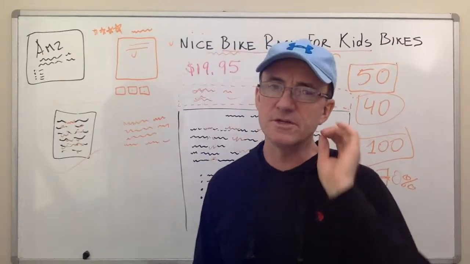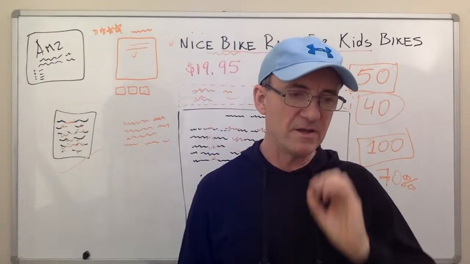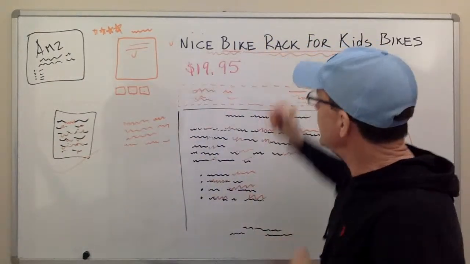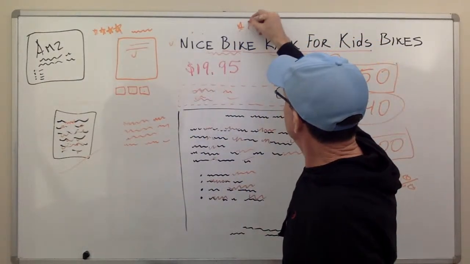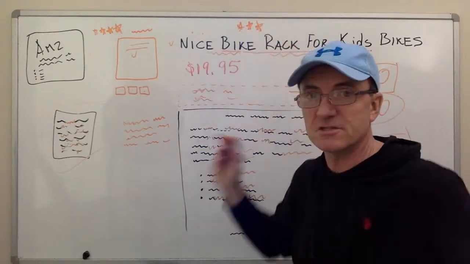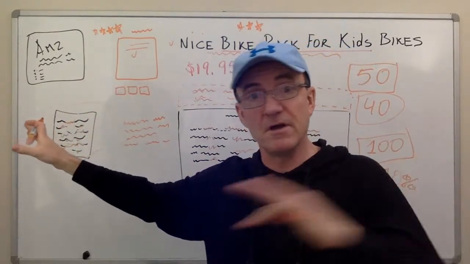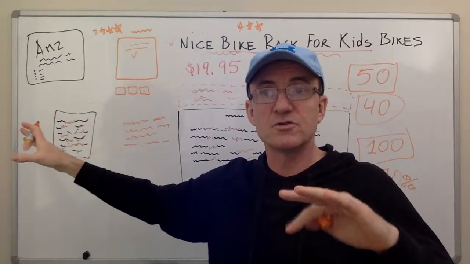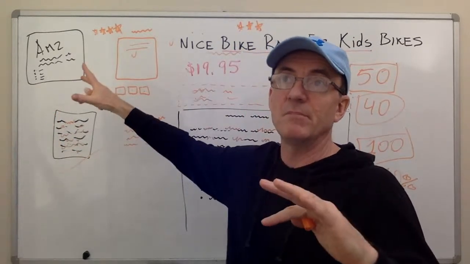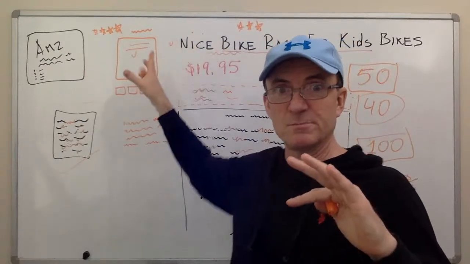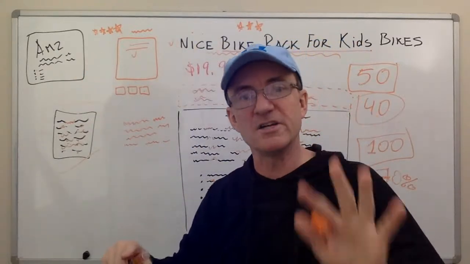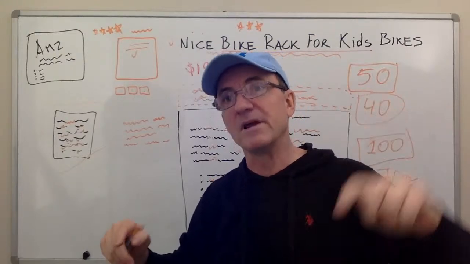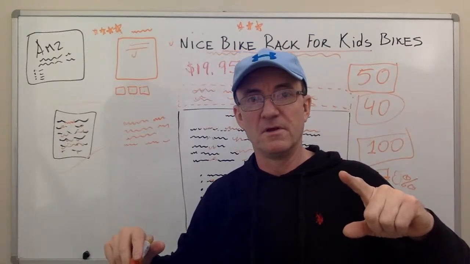Some of my students, we will never go for the bike rack here, which has only 3 stars on Amazon. Never, ever. Doesn't matter how much money is there. Because if you run after that $10 profit or $20 profit, that one day will become your last profit.